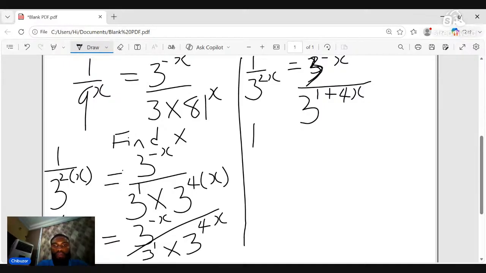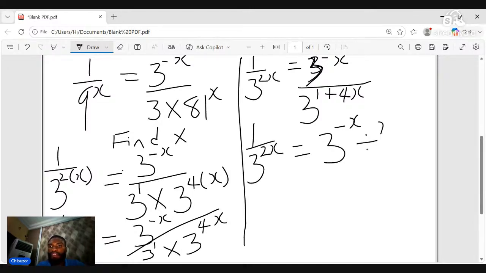So we'll say 1 over 3 raised to power 2x is equal to 3 raised to power minus x divided by 3 raised to power 1 plus 4x, right?